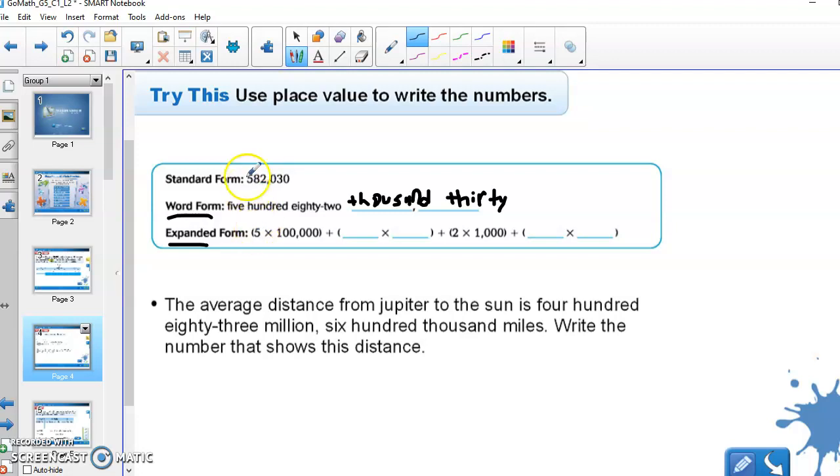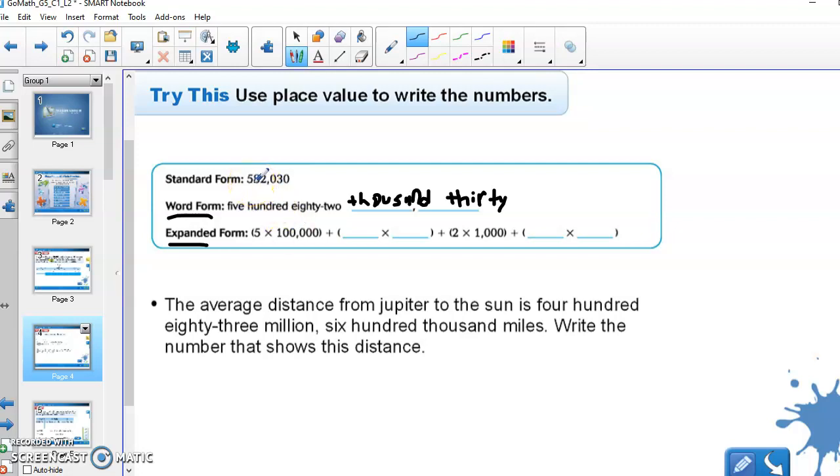We're going to expand it. They already started me. We're starting on the left. The 5 is in the hundred thousands place value. So they wrote that 500,000 as 5 times the place value that it's in, the 100,000s place value.